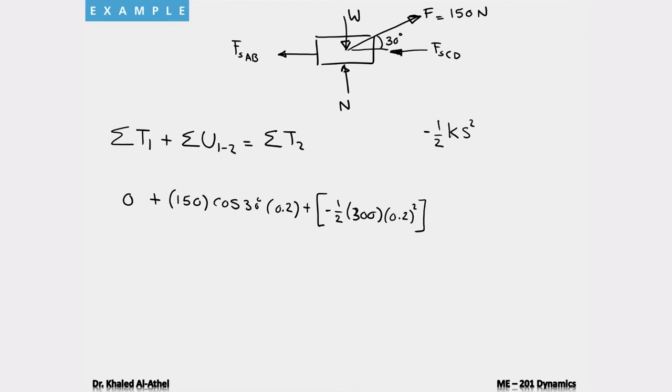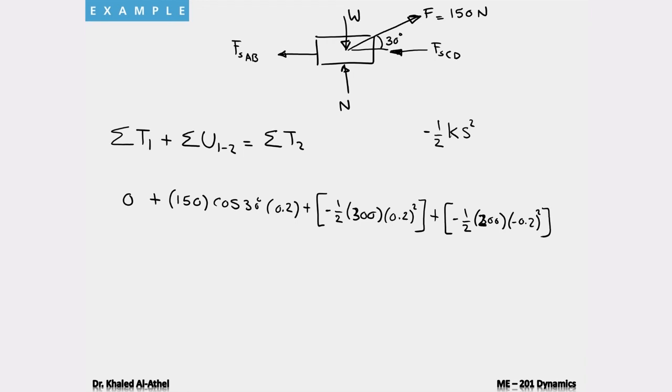Now let's go to the other spring. I'm going to add it. It's going to be minus half, K is 200 in this case, 200 multiplied by minus 0.2 squared. And the minus does not matter actually.